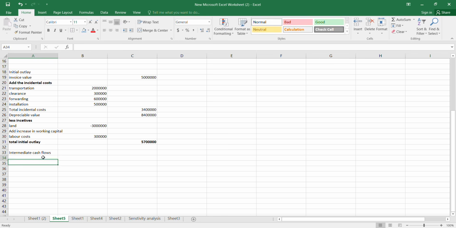Now we should have the format of the intermediate cash flows in mind. The first thing we shall have is the period.